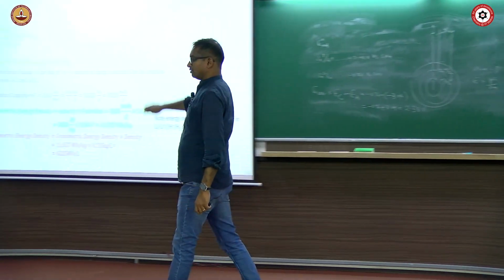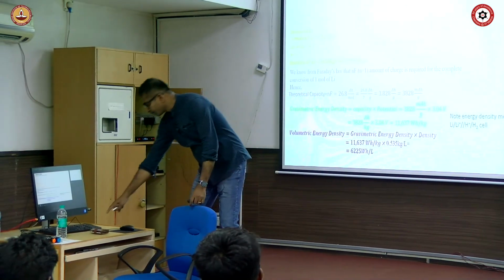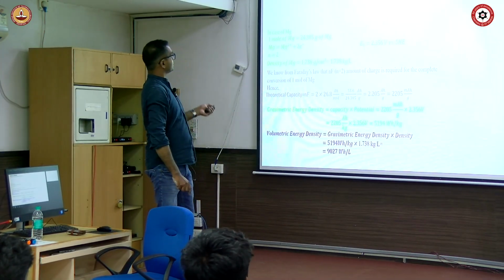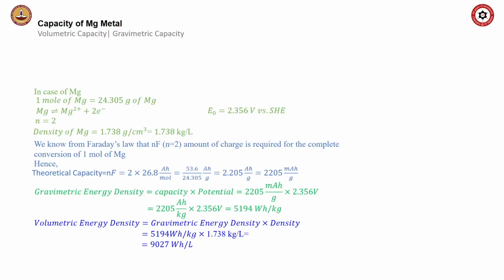So that is what you learn from this, and then we can do the same thing for magnesium. Magnesium is a 2 electron process. So 1 mole of magnesium gives 2 moles of electrons, that means 2 into 26.8 ampere hour from 1 mole of magnesium. 1 mole of electron gives you this much, so 2 moles of electrons will give twice that amount of charge.